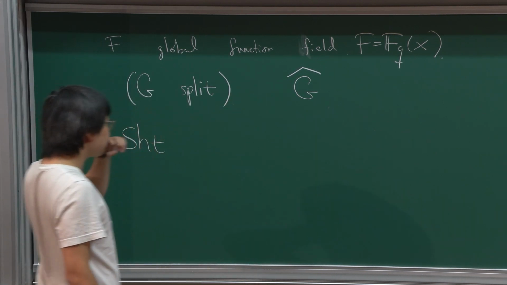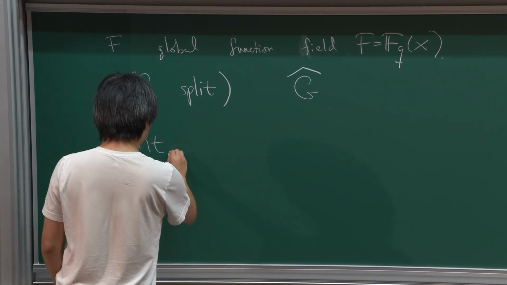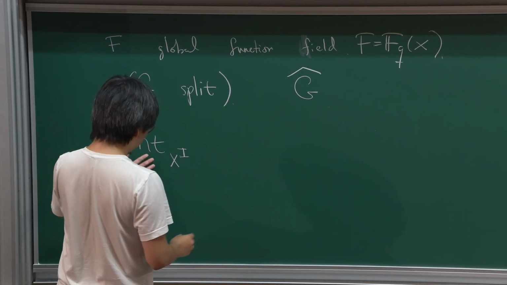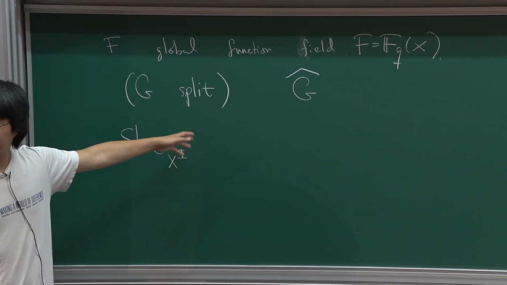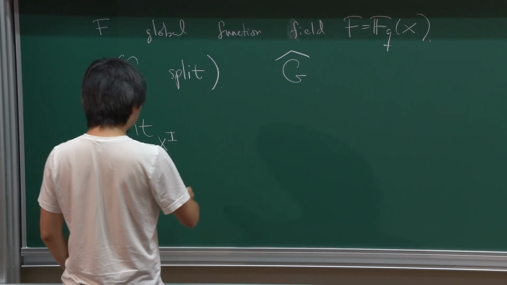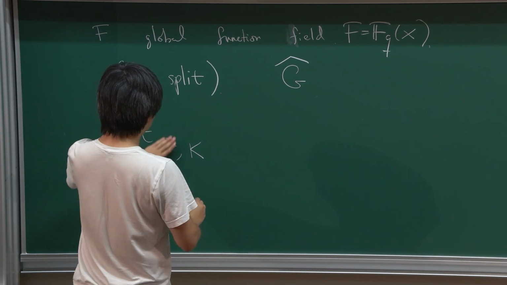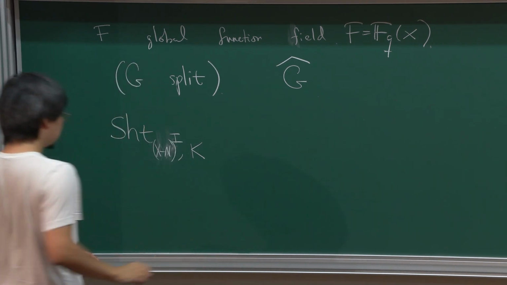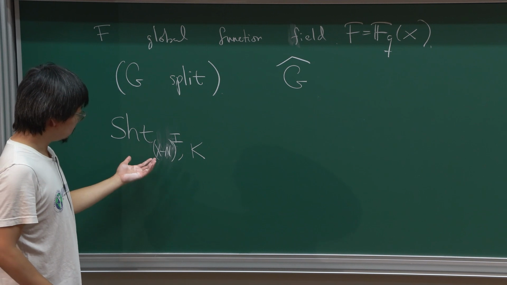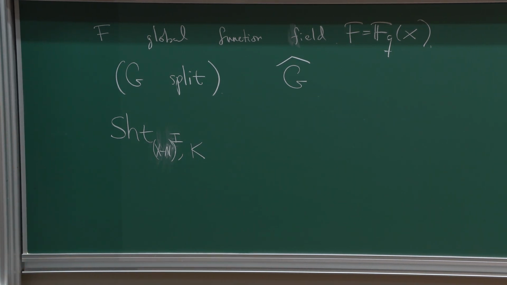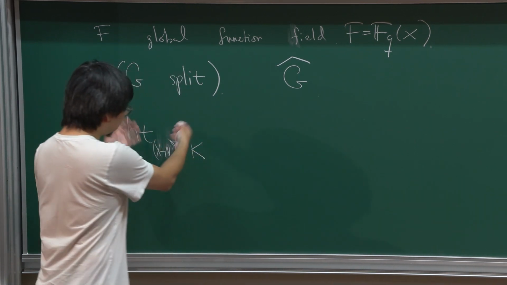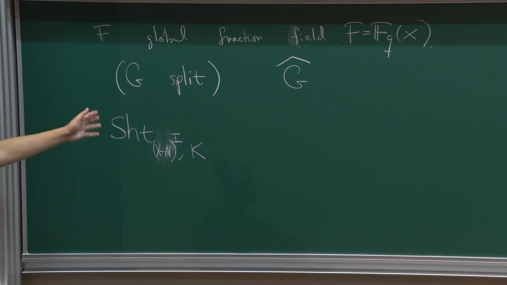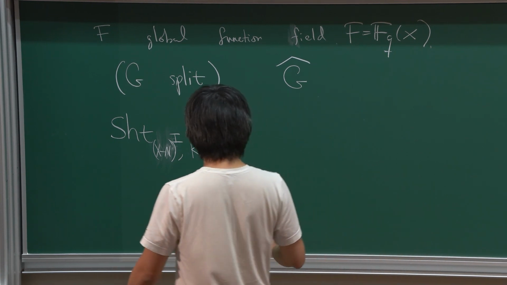You can consider the moduli of Shtukas with I legs, and then you can add some level structure, some K level structure, so maybe add some S or N. This is a moduli space, which has something to do with function field analogs of Shimura varieties, at least that is the hope.